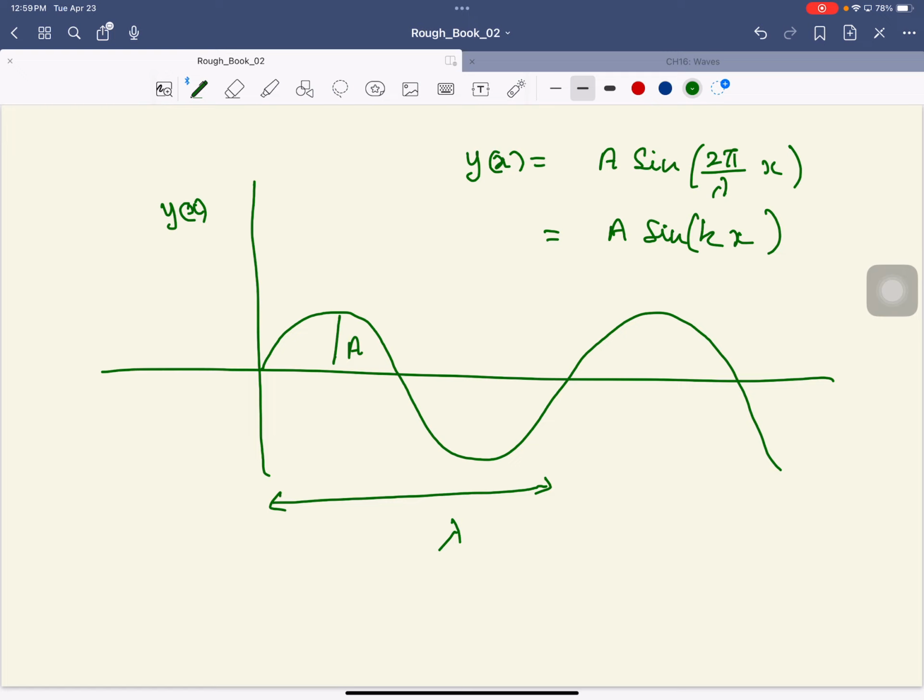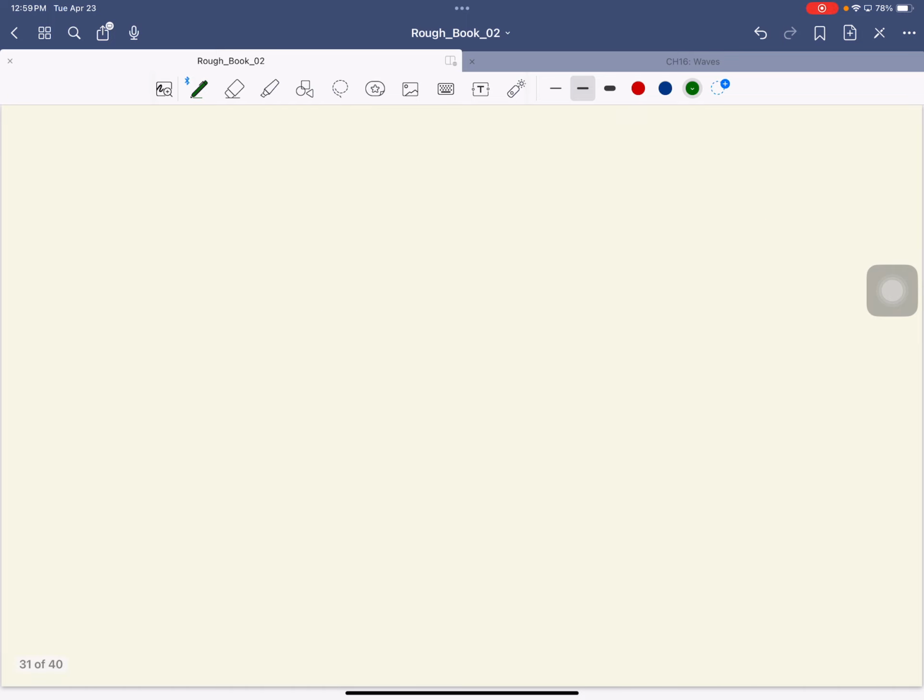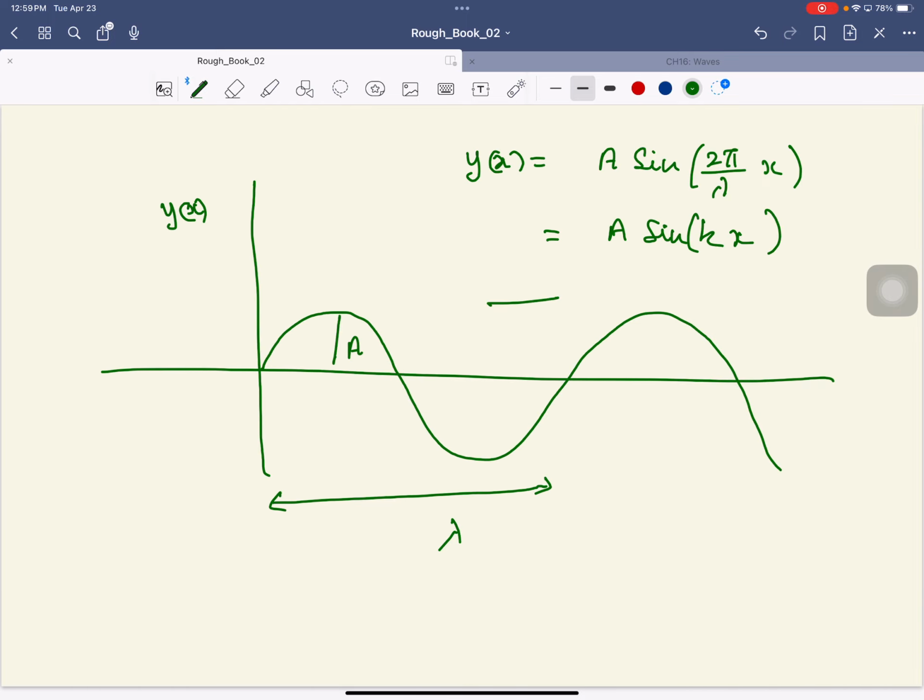So you want to make him travel to the right. So now it becomes a function A sine k times (x minus vt). So there is a sine wave traveling to the right.